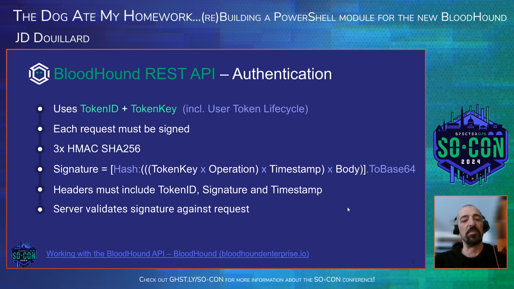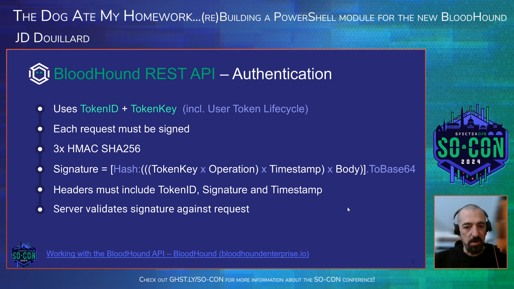Each request has to be signed with the token key, the operation, a timestamp, and the body itself. The bytes of all this are used to do a triple HMAC, and this prevents replay at a later date for a different operation with a different body or from a different user. And then the server validates the signature against each request.